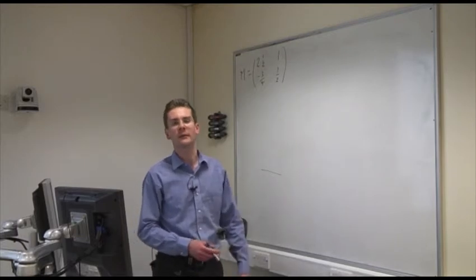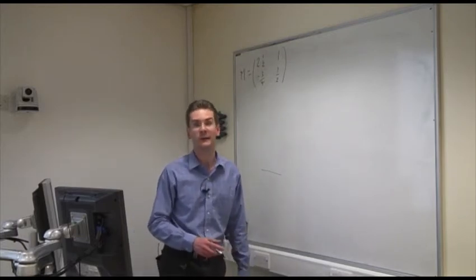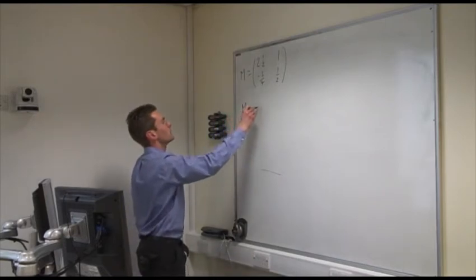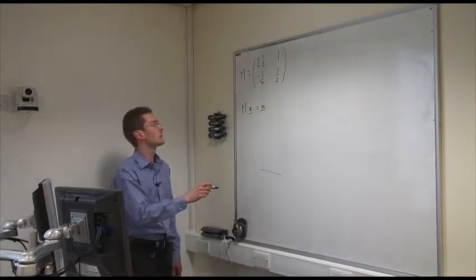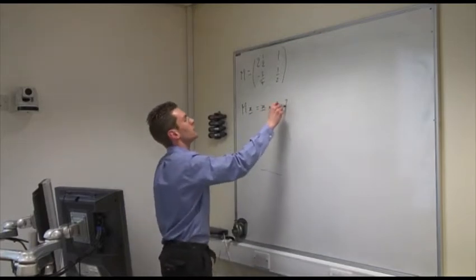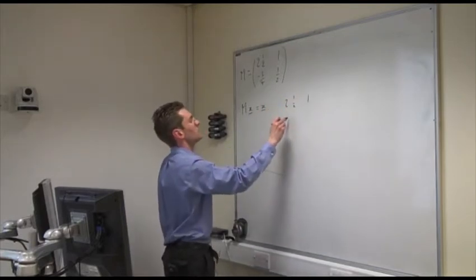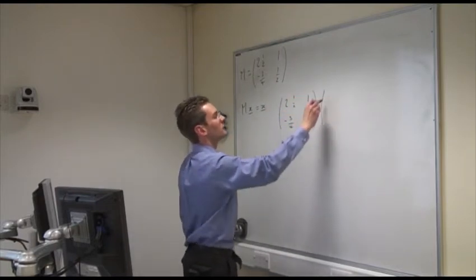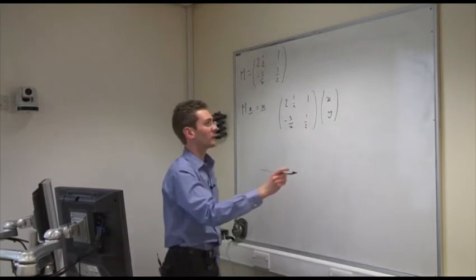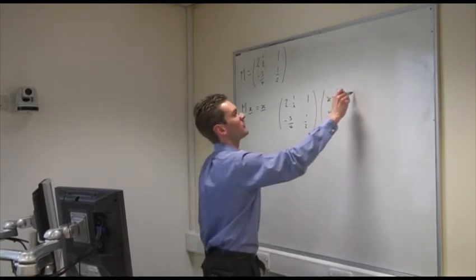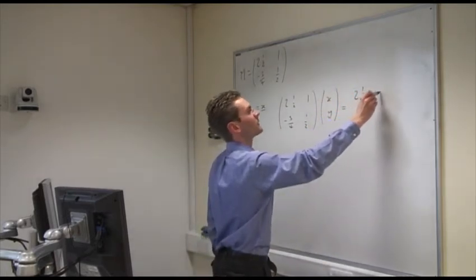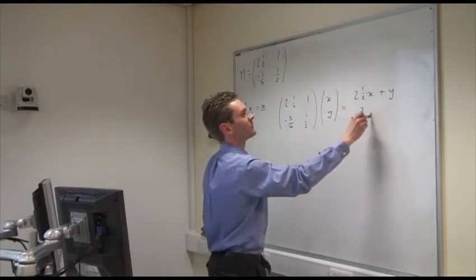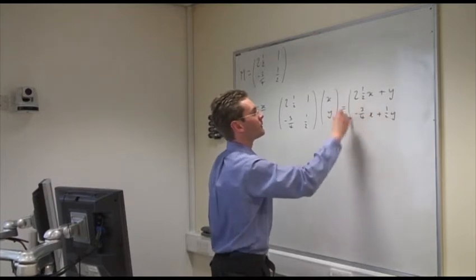Something you do in your A-level syllabus is to calculate invariant points. So let's do this first. I want to solve the matrix equation Mx equals x. So let's substitute this in. I want to multiply the matrix by an arbitrary vector. This will give me 2.5x plus y, minus 3/4 x plus 1/2 y.